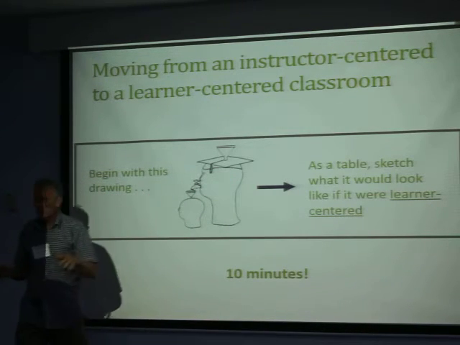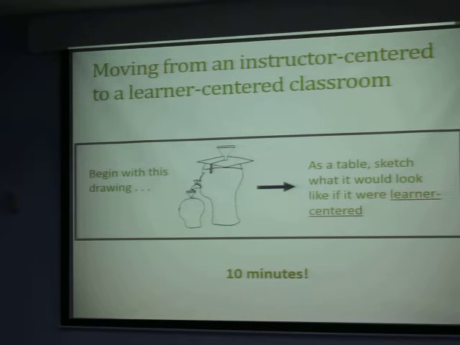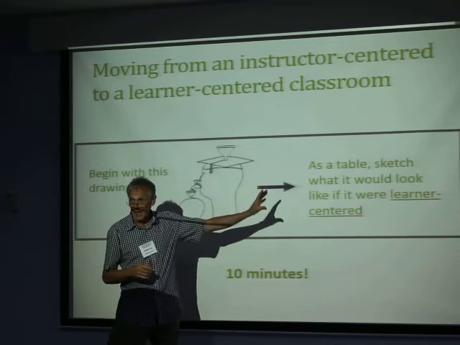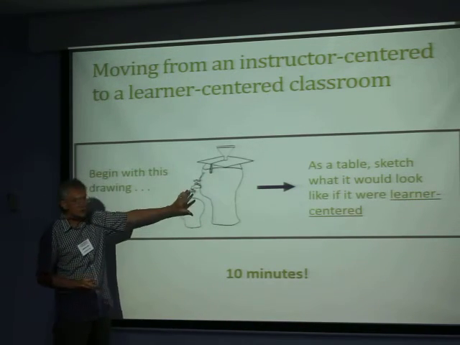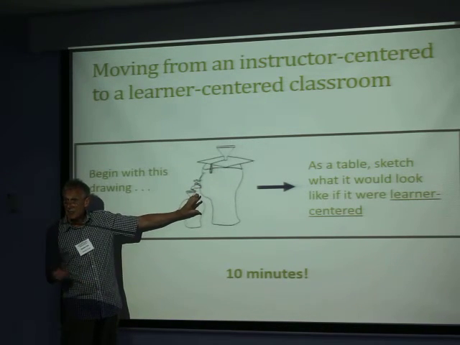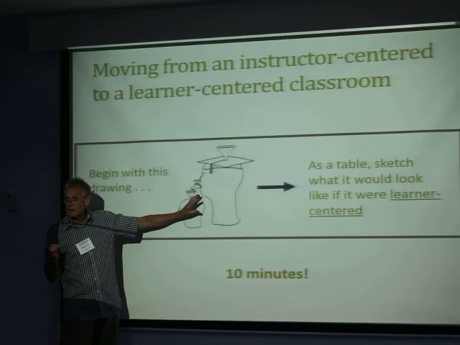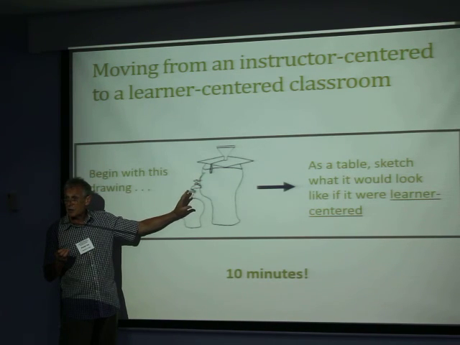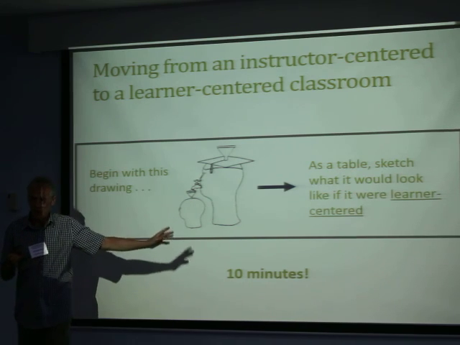What I want you to do is to think as a group and come up with a diagram, a picture of what you think learner-centered activity should be. So we're looking for artists, we're looking for ideas, but we want a sketch. But it's important that you start from here. So this is your starting point. And we want to see what ideas you come up with that might change from a teacher-centered approach to a learner-centered one. You've got about 10 minutes to do that.